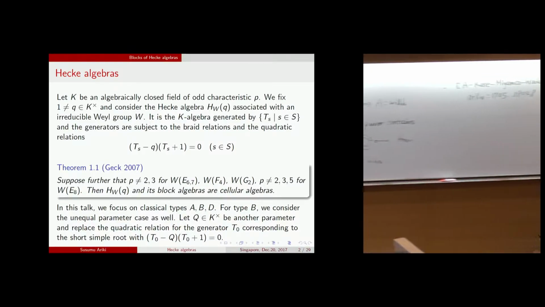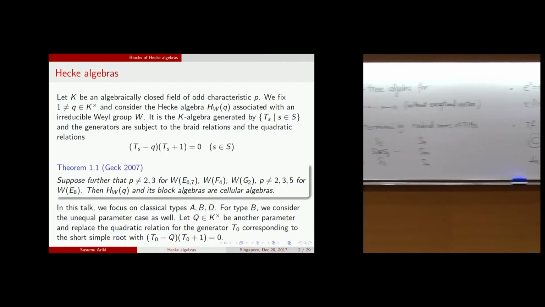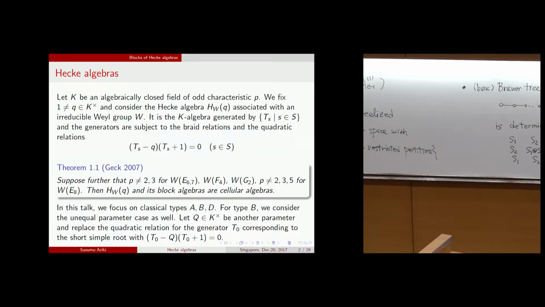For type A and type B it was known, but amazingly all the other finite Hecke algebras are cellular if the parameters are equal. In this talk we focus on classical types A, B, D, and for type D we consider the unequal parameter case as well.